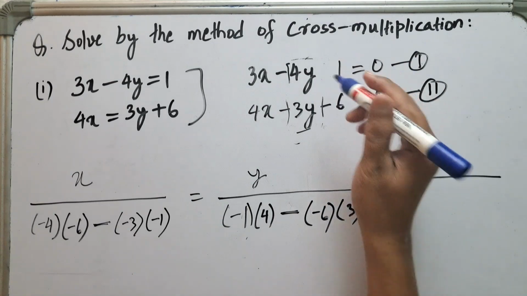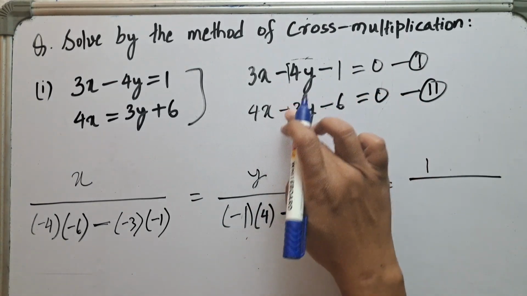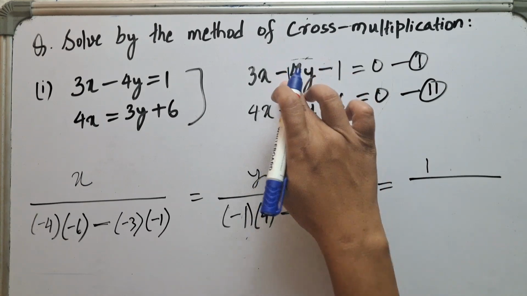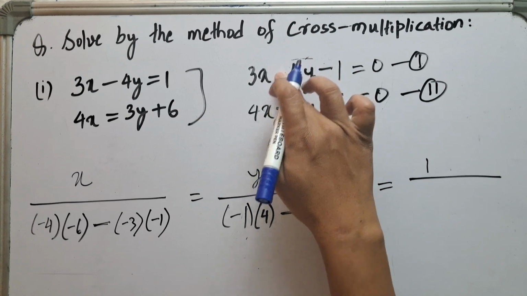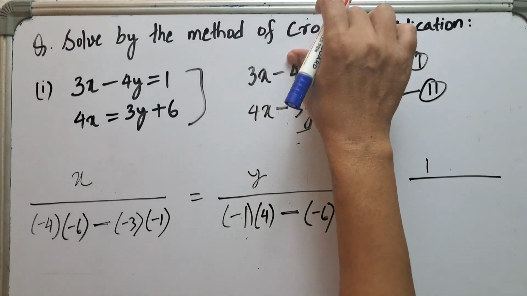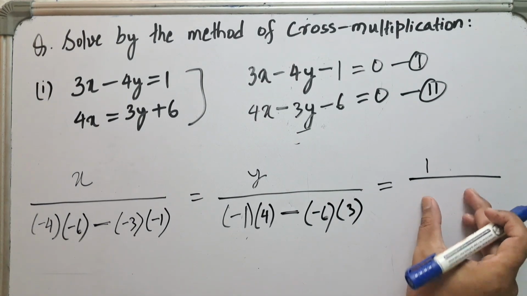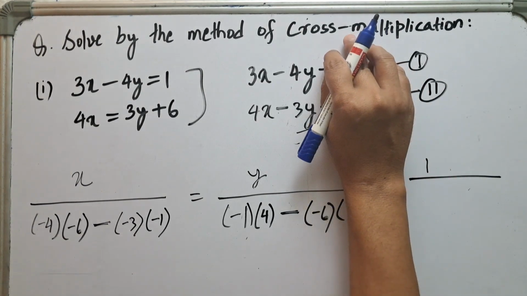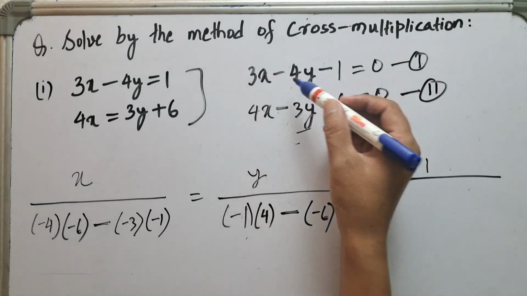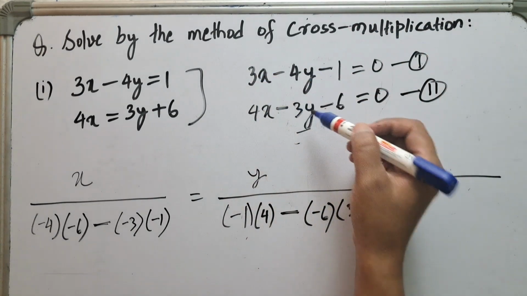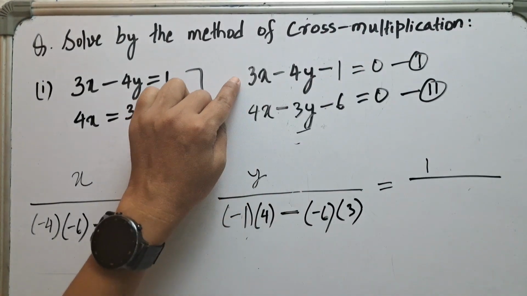Let me write the minus signs here. To the right of this number we have 3x and 4x, and then minus 4y up and minus 3y. So when we cover this number, the next of this comes here.